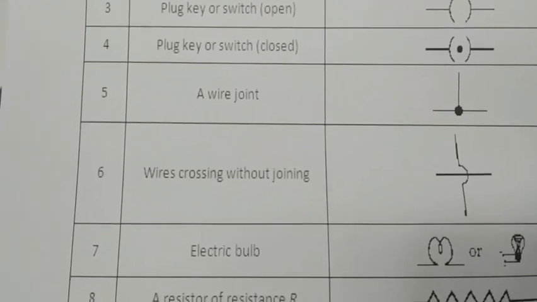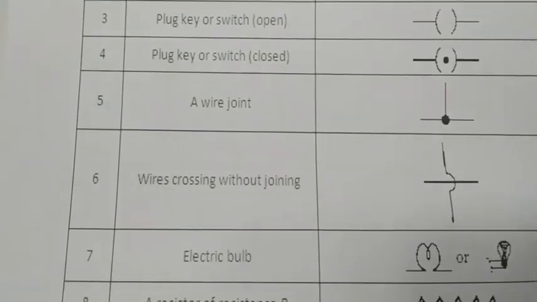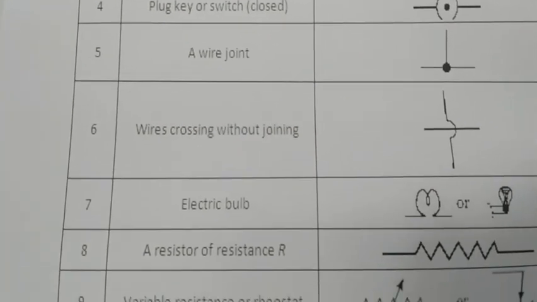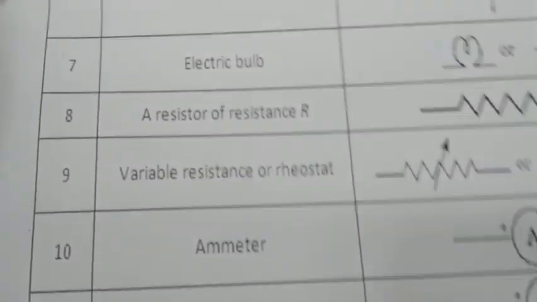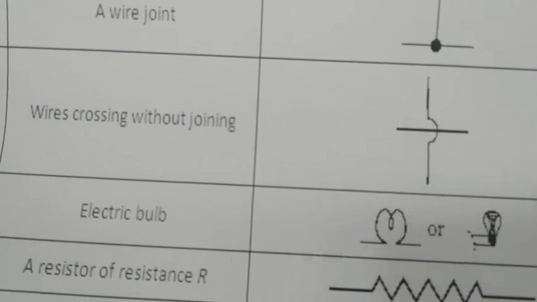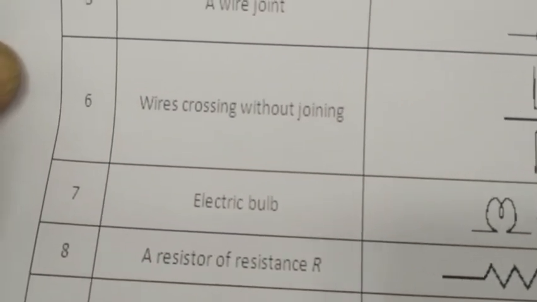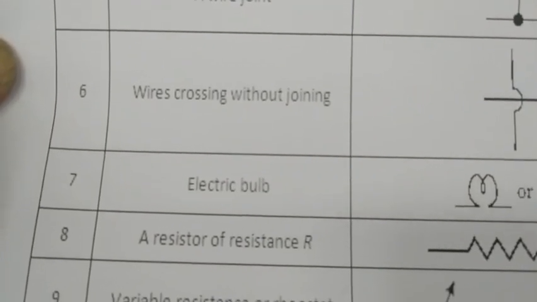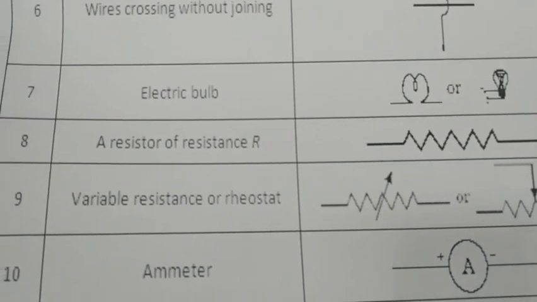The fifth one you see, the wire with the connection where the dot is there, the points are connected. All the three wires are connected. Next one you have, here no connection, no joint. Last one, electric bulb. Electric bulb, either you put like that or another one, no problem. Next, resistance. Resistance looks like a speed breaker, because a speed breaker also opposes.